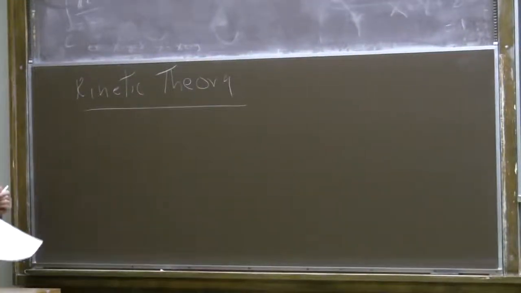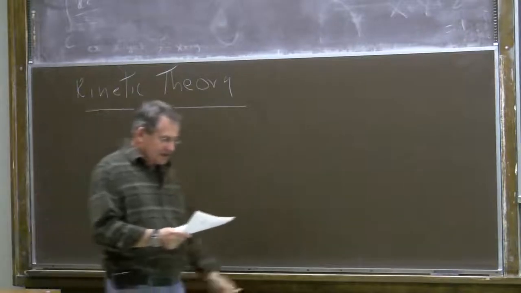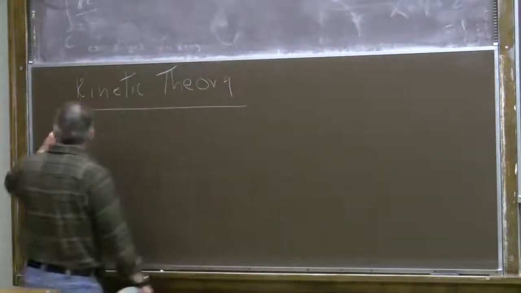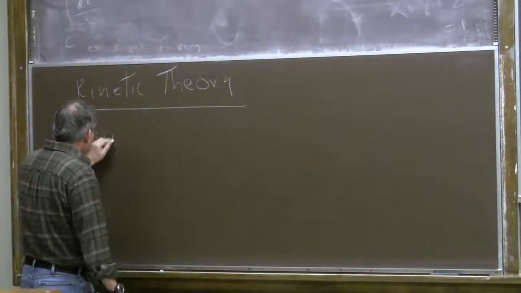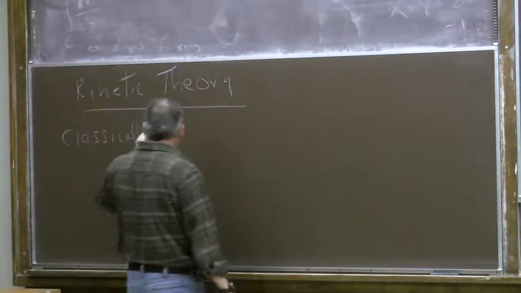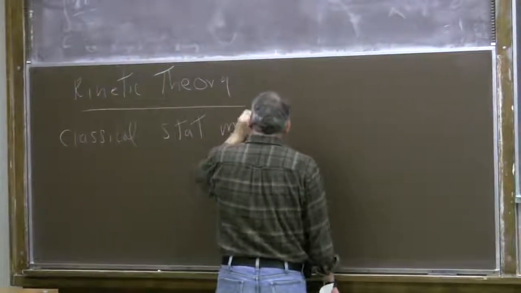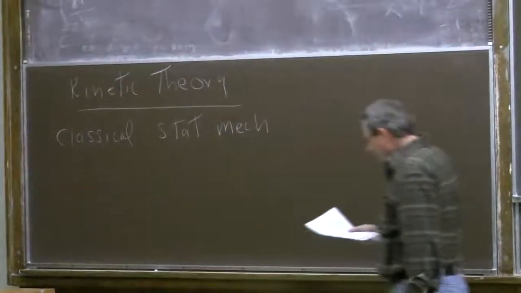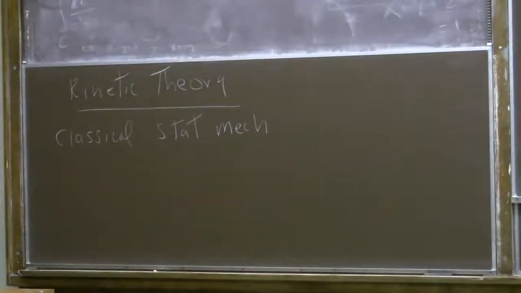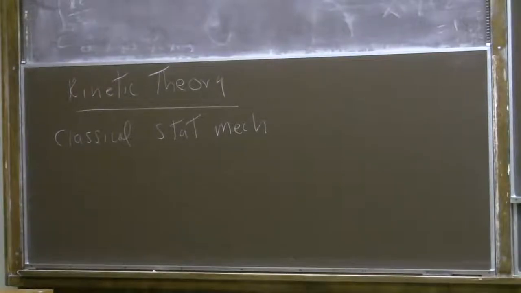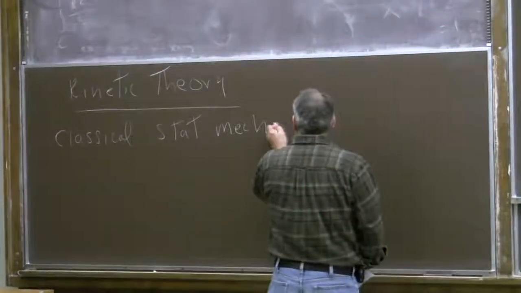So last time we talked about classical statistical mechanics. In fact, most of what we're going to say about kinetic theory will be classical. And in particular, we saw that in classical statistical mechanics, there is an equipartition principle.